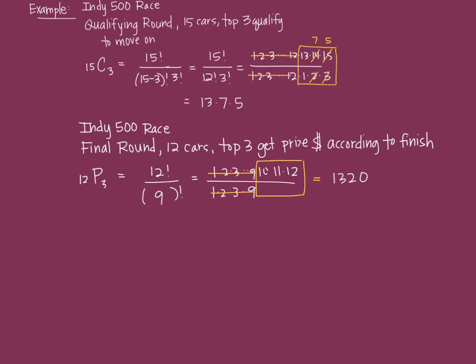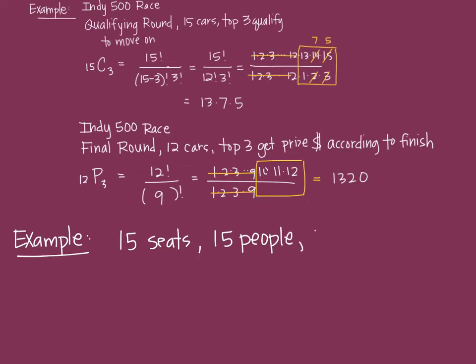All right, let's do one more example. There are 15 seats in a room. There are 15 people. And I want to seat them randomly.